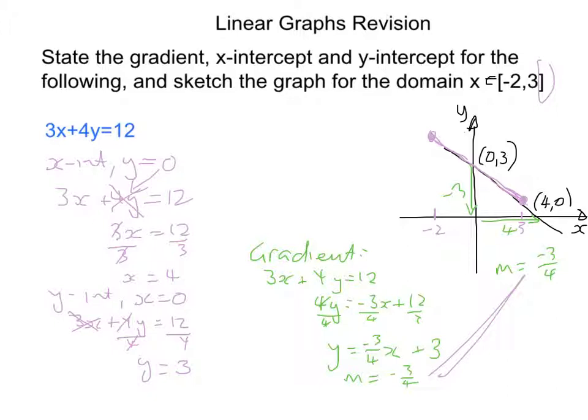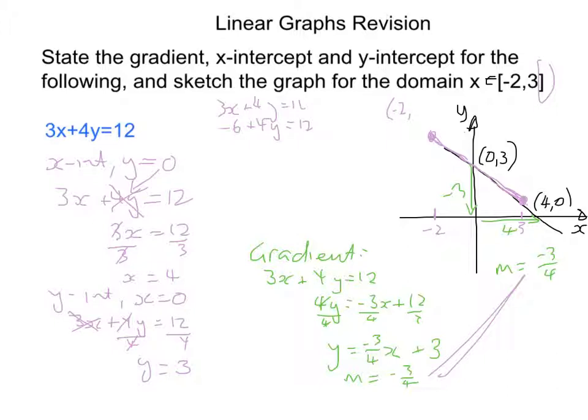When we have x is negative 2, then the y coordinate is going to be, we'll just have to do a little calculation there, so we get 3x plus 4y equals 12. When x is negative 2, we've got 3 times negative 2 is negative 6 plus 4y equals 12.